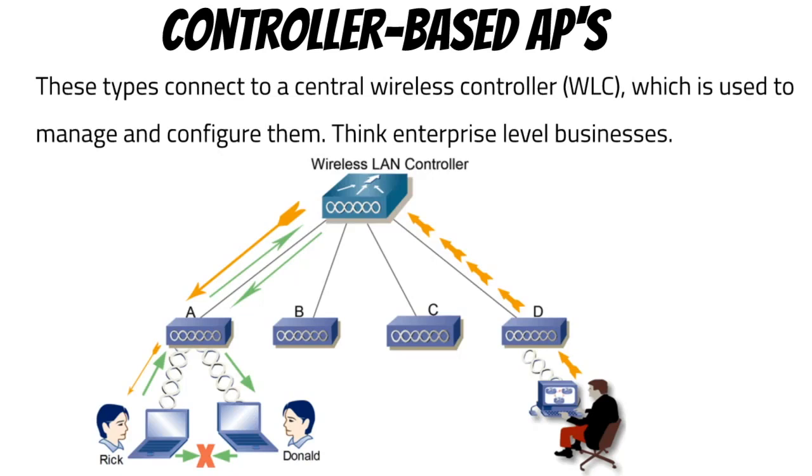When you're trying to manage and control that many access points, this type works the best. These access points connect to a central wireless controller, which is used to manage and configure all of them. Makes it very easy for supporting that wireless network with that amount of APs.